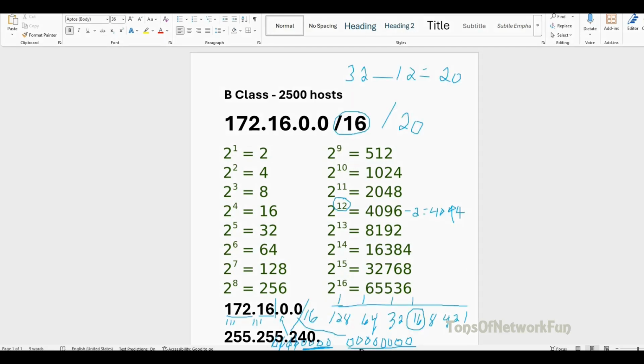The 255 covers the first bits, then here we are adding 128, 64, 32 plus 16 is 240, and the last octet everything becomes 0.